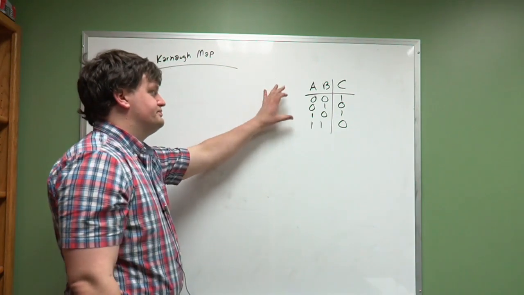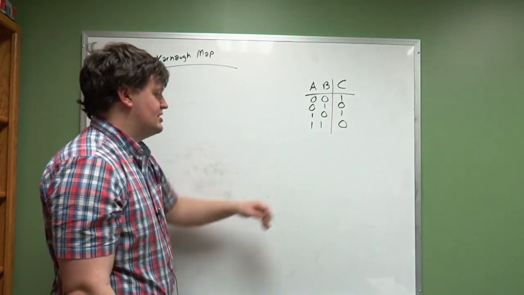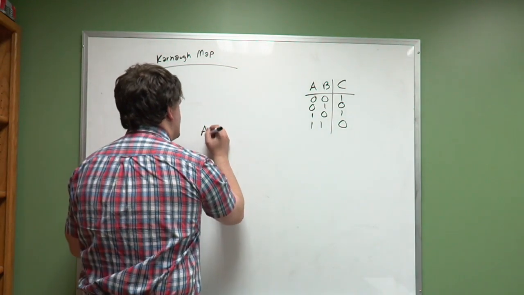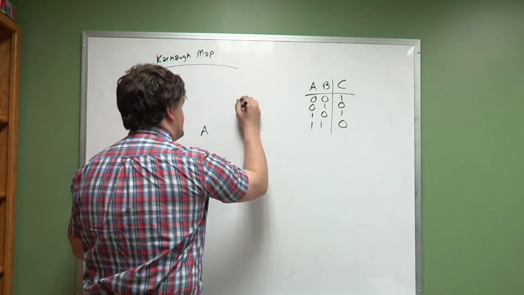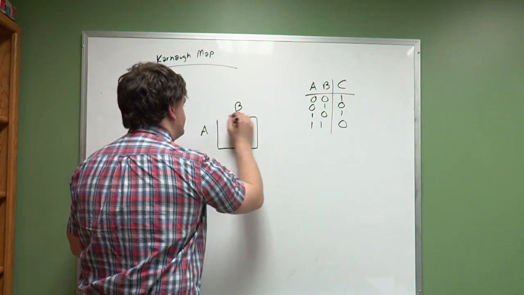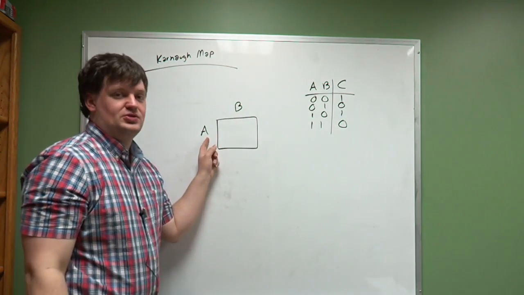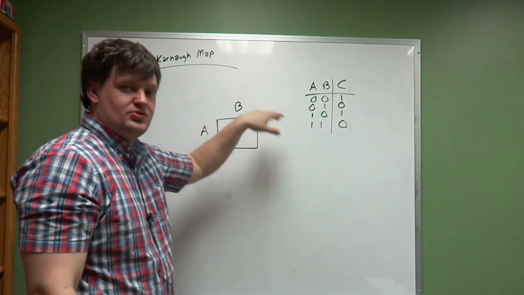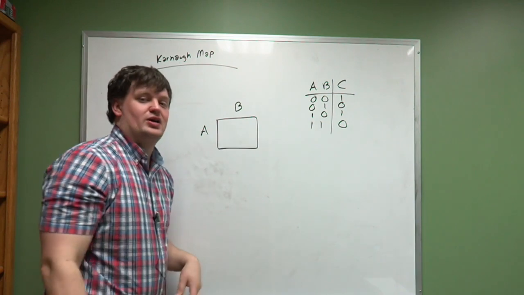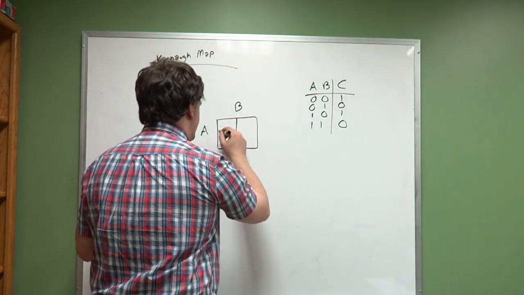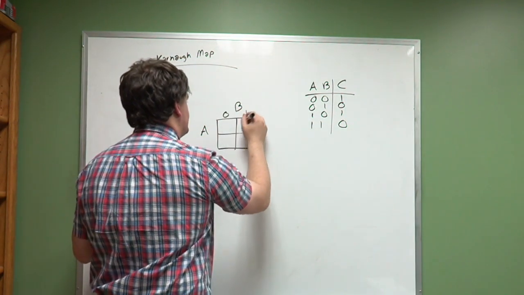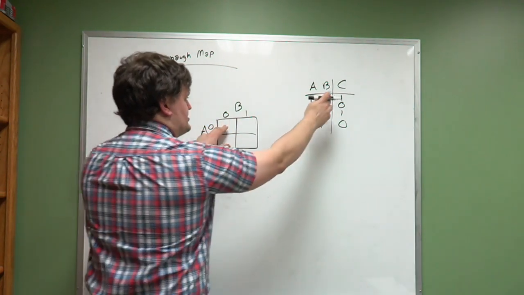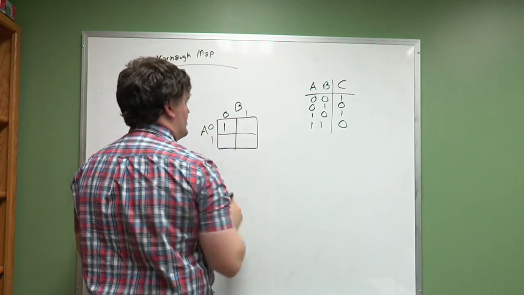Okay. So here is the truth table. We can rewrite this in a different format. I'm going to go ahead and write this as A and B. I'm going to draw A has two possible positions, 0 and 1, and B has two possible positions, 0 and 1. I'm going to draw it as a square. Okay? Here, this is 0 and this is 1. So this square right here represents 0, 0. I'm going to write a 1 there.